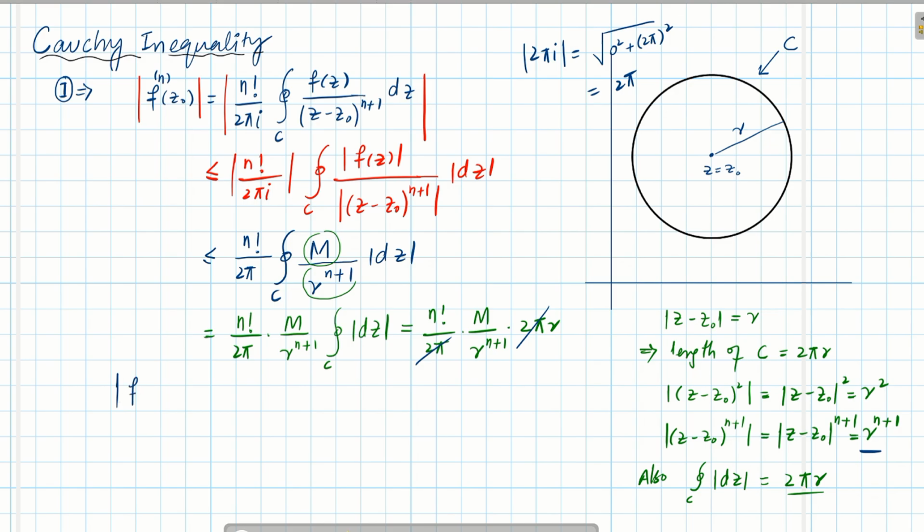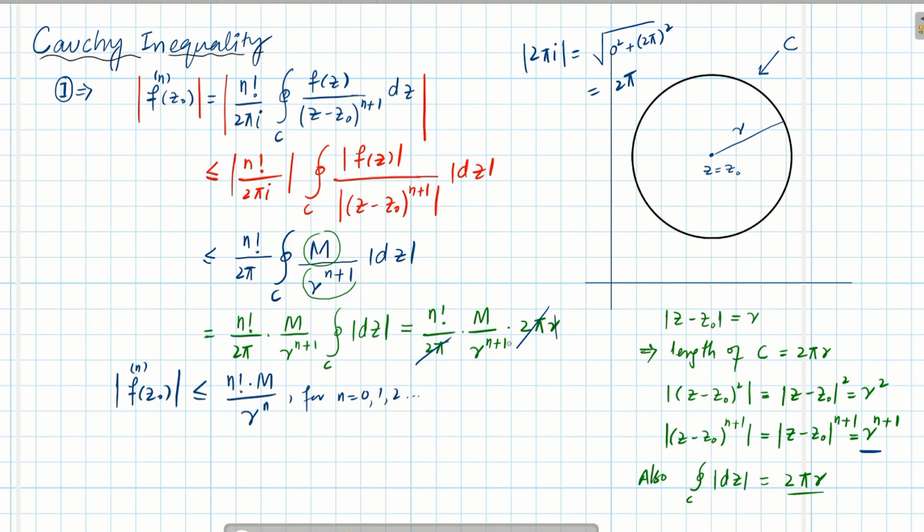the absolute of the nth order derivative of the function at z naught is less than or equal to n factorial times M over r to the power n, for n is 0, 1, 2, and so on.